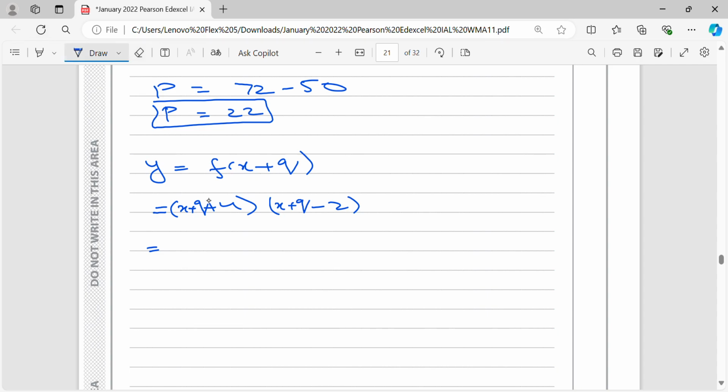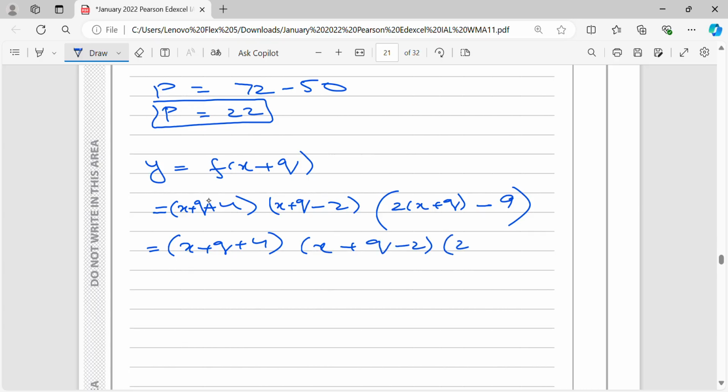So this will be 2 into (x plus q) minus 9. All right, so (x plus q plus 4)(x plus q minus 2)(2x plus 2q minus 9).